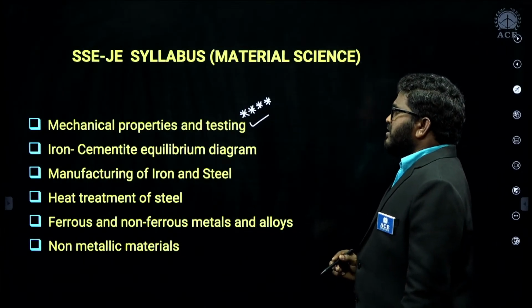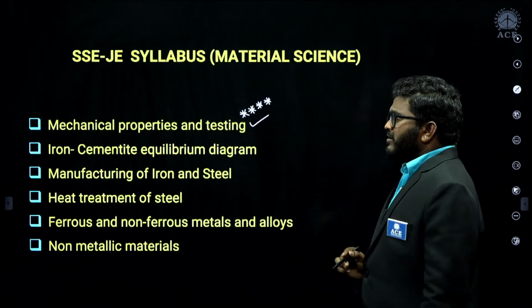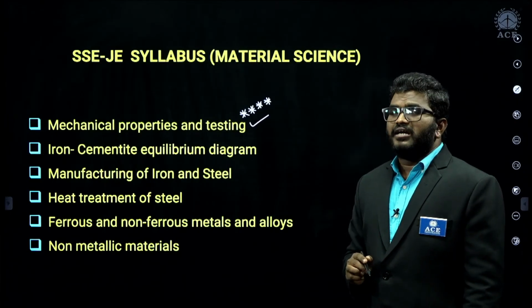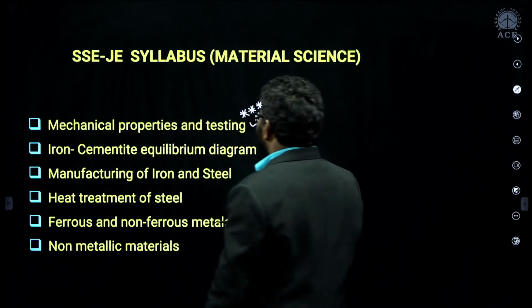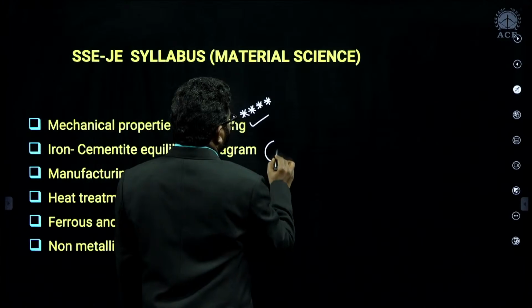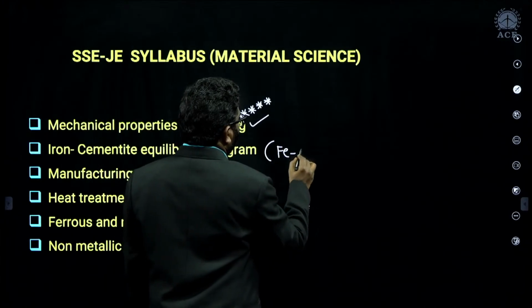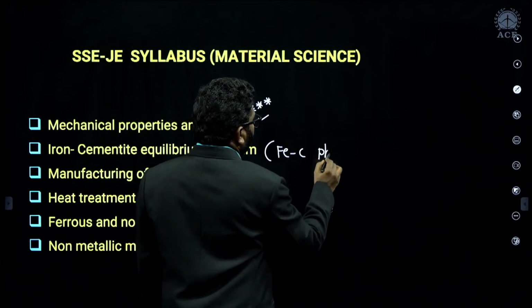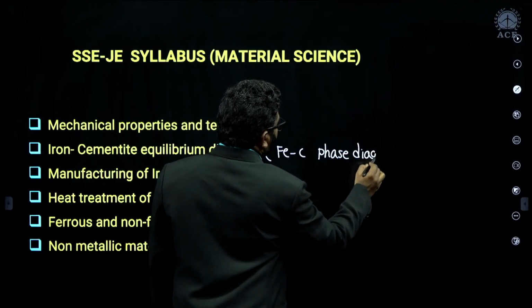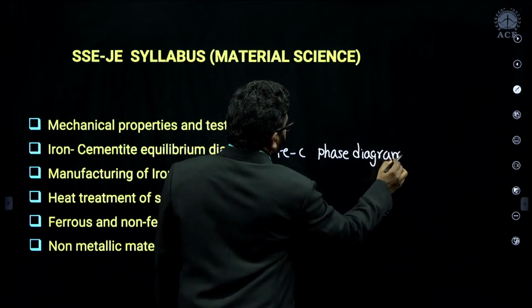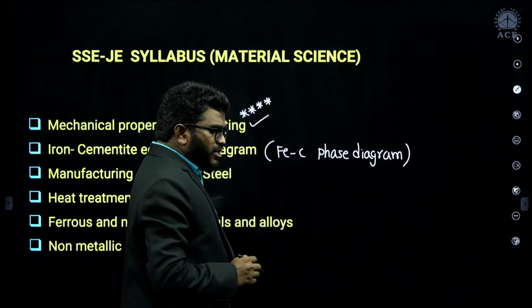And the second most important topic is the iron cementite phase diagram, otherwise the iron carbon equilibrium phase diagram. From this phase diagram, they are asking a good number of questions.